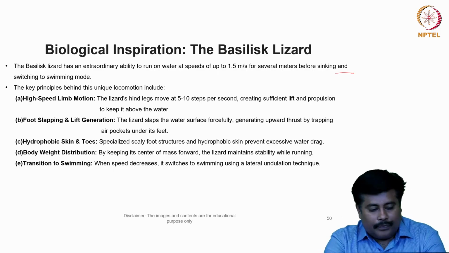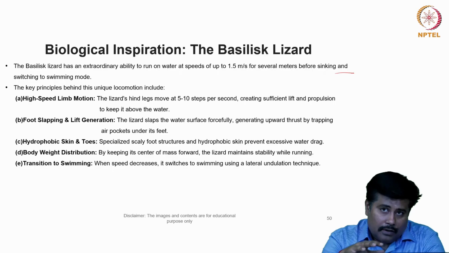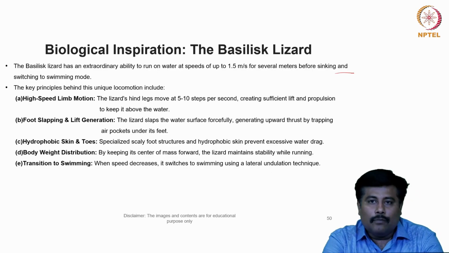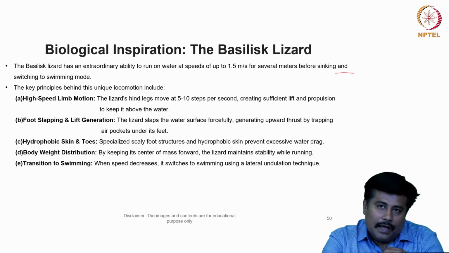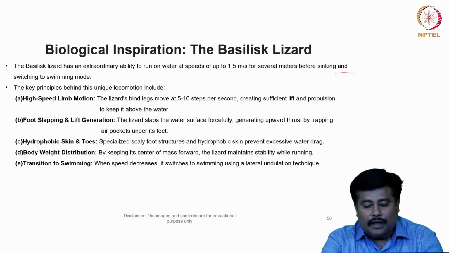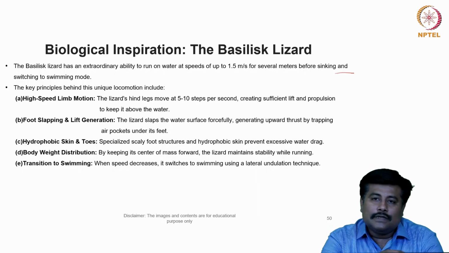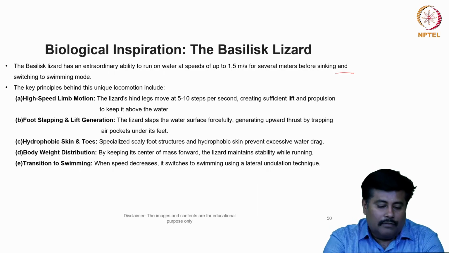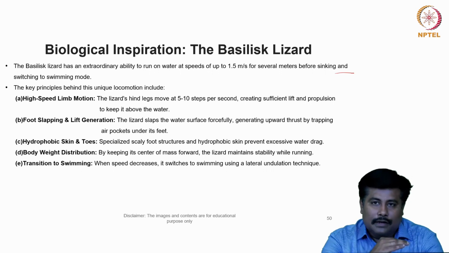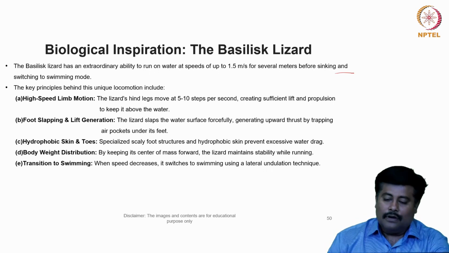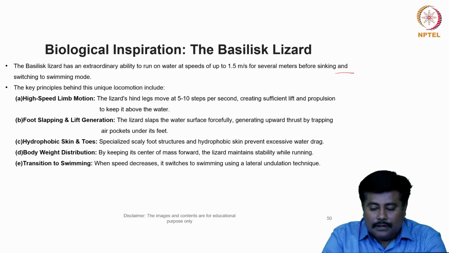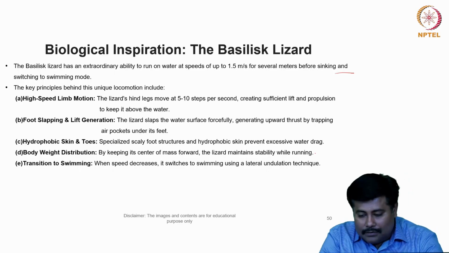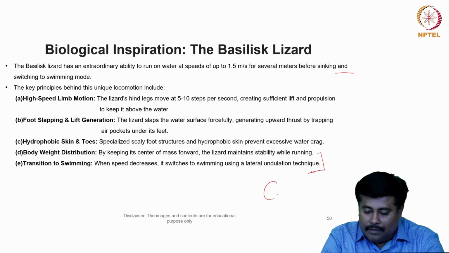When we look into the hydrophobic skin and toes, it has a specialized scaly foot structure and hydrophobic skin which prevents excessive water drag. As for body weight distribution, by keeping the center of mass forward, the lizard maintains stability while running. This is what we discussed earlier, when we considered it as three different components.